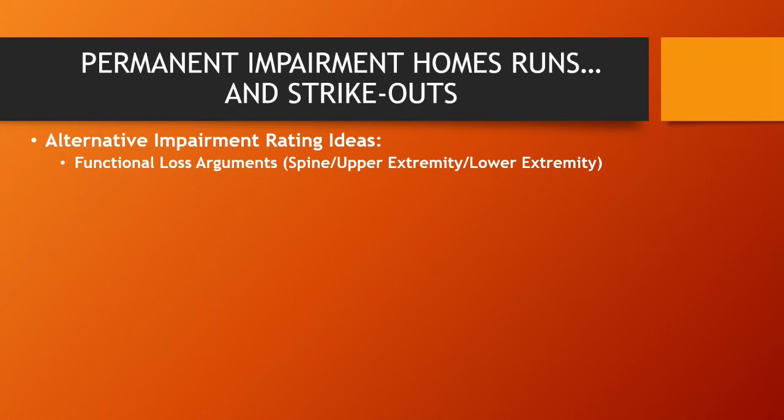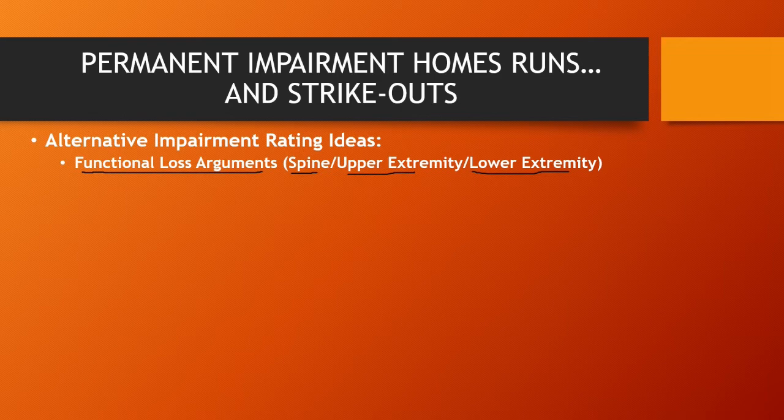There are the functional loss arguments that you can use, wherein you describe a percentage loss of function of any one of these body parts, such as the spine, the upper extremity, or the lower extremity, and providing for a 50% loss of function of the spine, or a 40% loss of the upper extremity, or a 70% loss of the lower extremity.